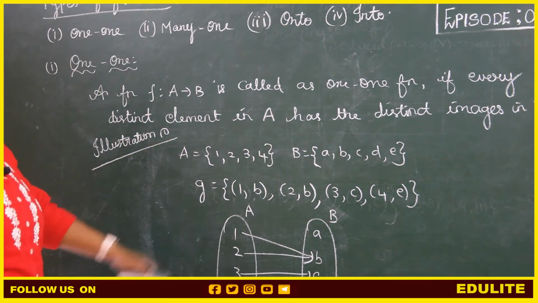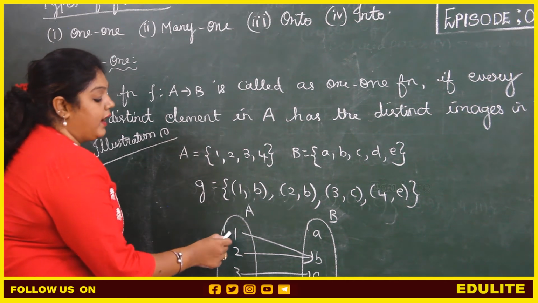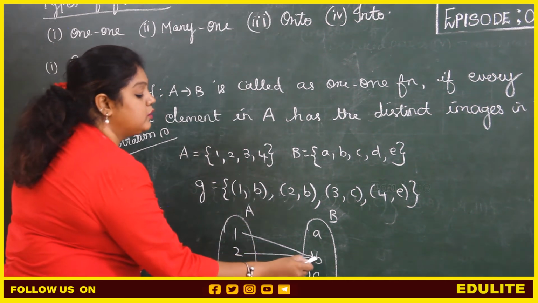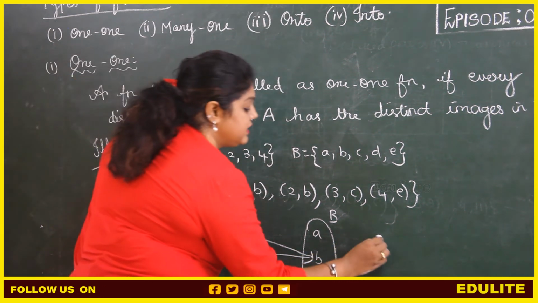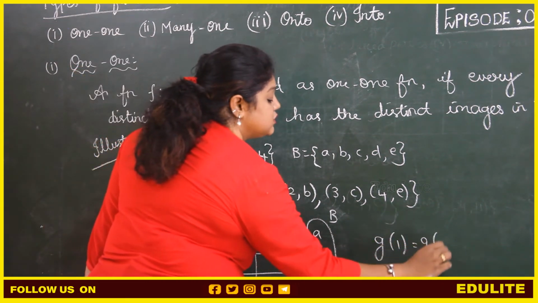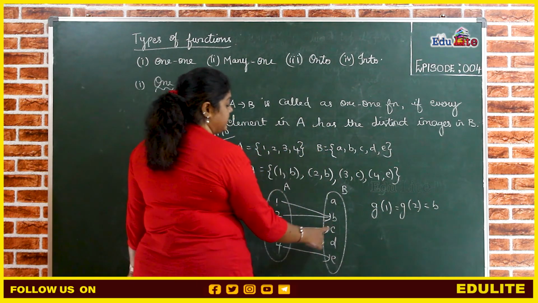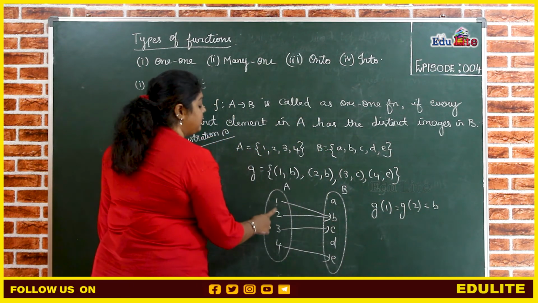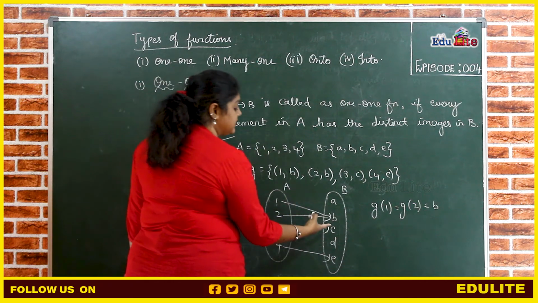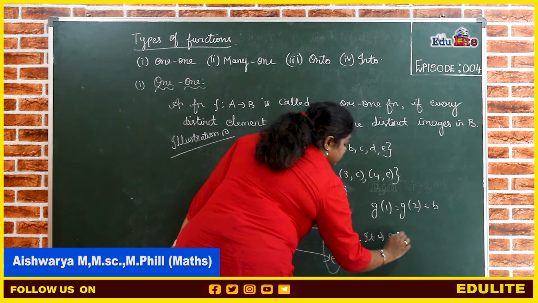The given function is not one-to-one. How do I say so? 1 and 2 are mapped to the same image b, which means g of 1 is b and g of 2 is also b. Two elements have the same image. According to the definition, every distinct element must have a distinct image. Therefore, this is not a one-to-one function.